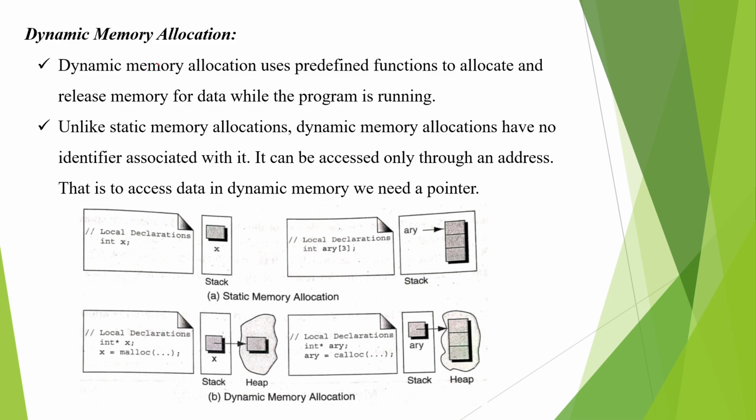Now what is dynamic memory allocation? Dynamic memory allocation uses predefined functions for allocating, for deallocating, for reallocating, and those predefined functions are nothing but our dynamic memory allocation functions, to allocate and to release the data.